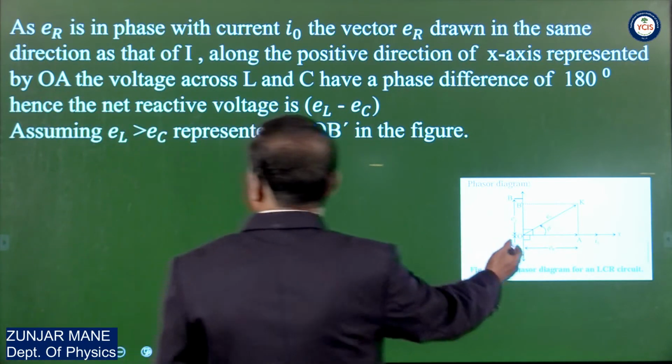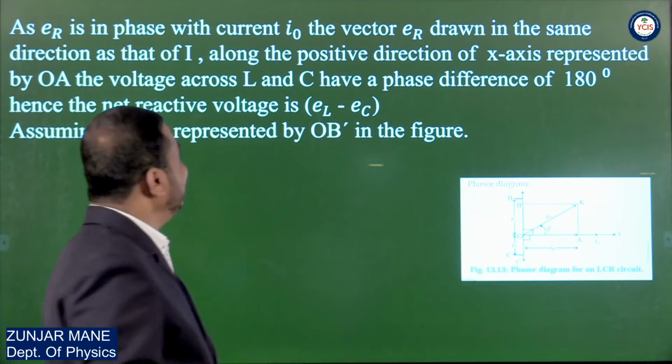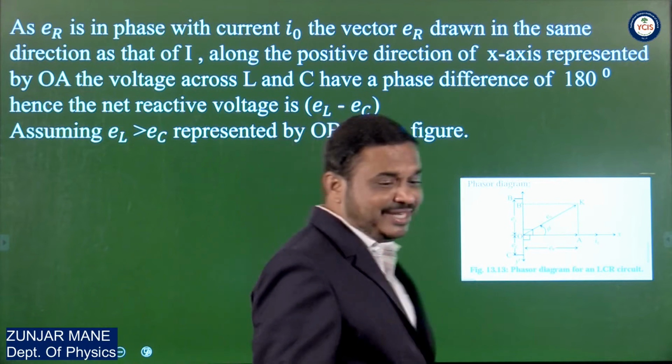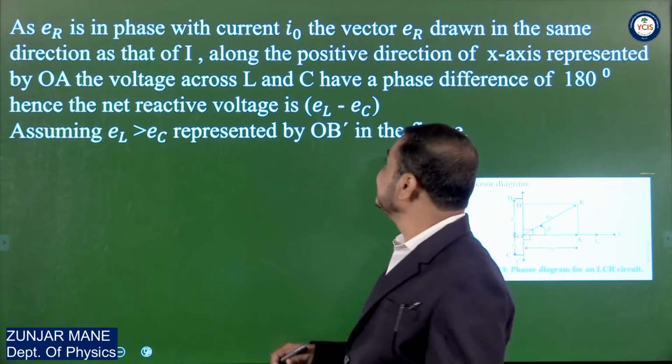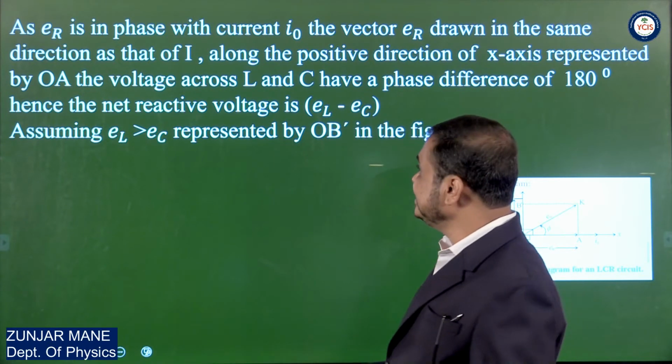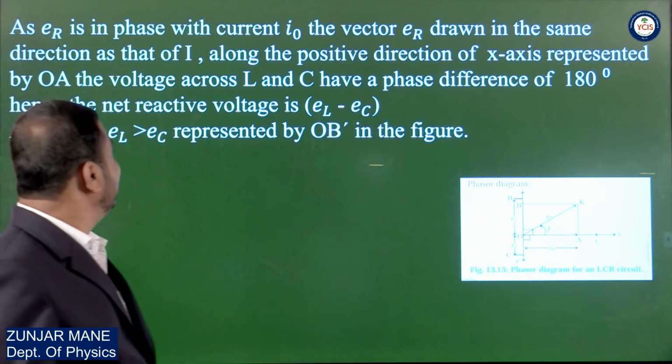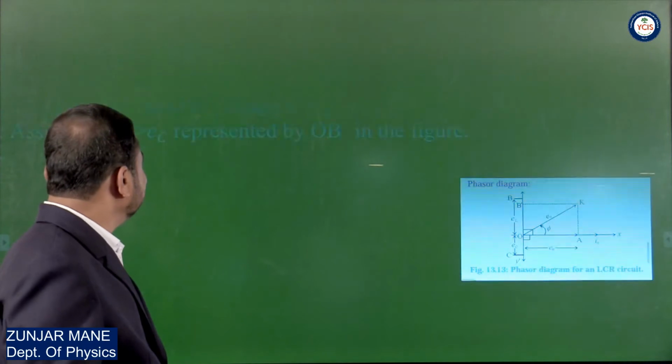This is your figure from the book. L and C, the phase difference between them is 180 degrees, and the net reactive voltage is EL minus EC, and it is represented by OB dash if EL is greater than EC.